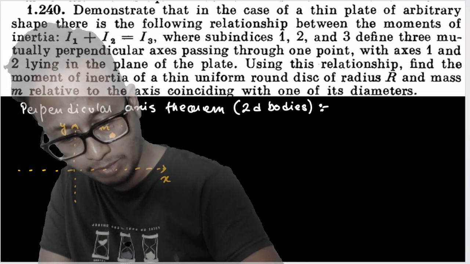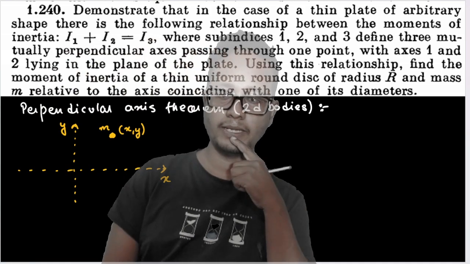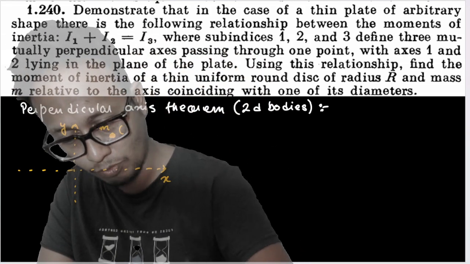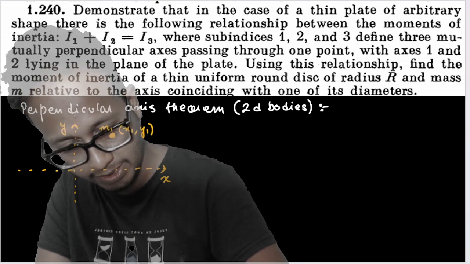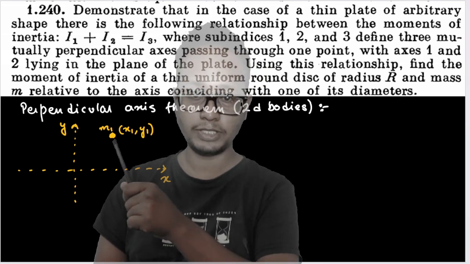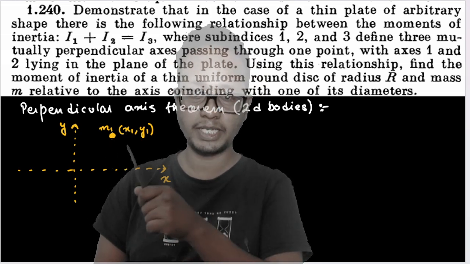The coordinates of this point mass are x1 comma y1. This is a point mass of m1, and its coordinate in this xy graph paper is x1 comma y1. This much is understood.